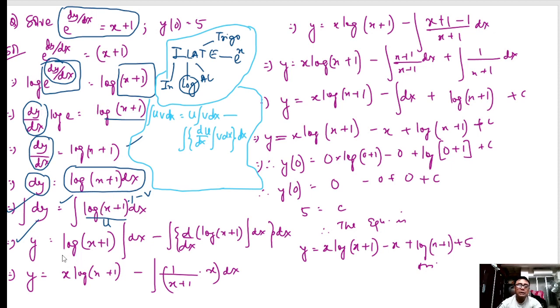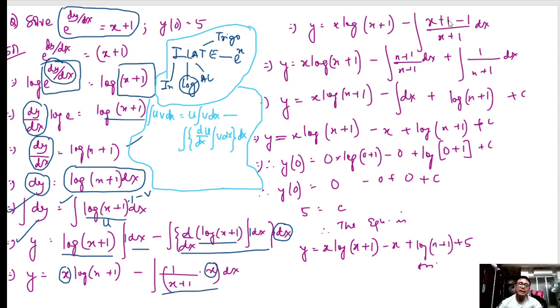So here you see, u into integration of v is x, minus the integral of the differentiation of u into the integration of v, dx. Now integration of 1 is x, and differentiation of log x plus 1 is 1 by x plus 1. So now we have to integrate this part.